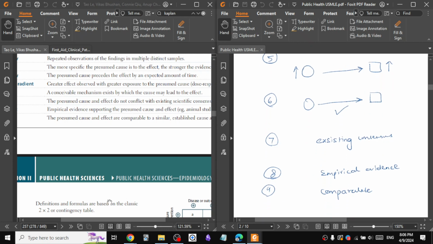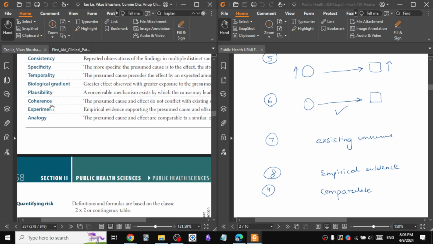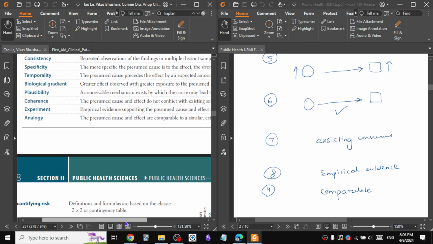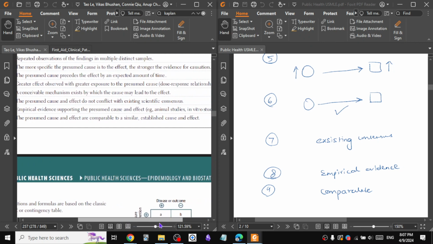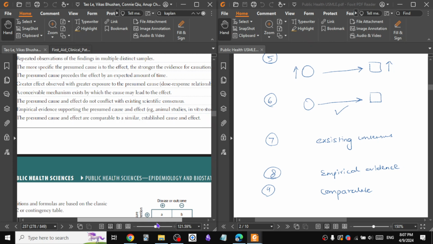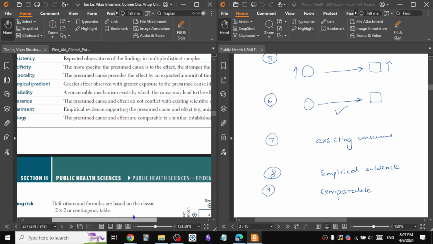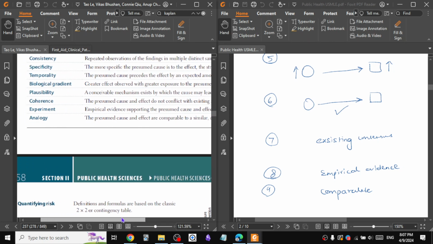Now the rest of the criteria are coherence, experiment, and analogy. All of them are related to consensus and scientific literature. They are not a direct relationship, but are due to what we've learned before and what we're assuming now.